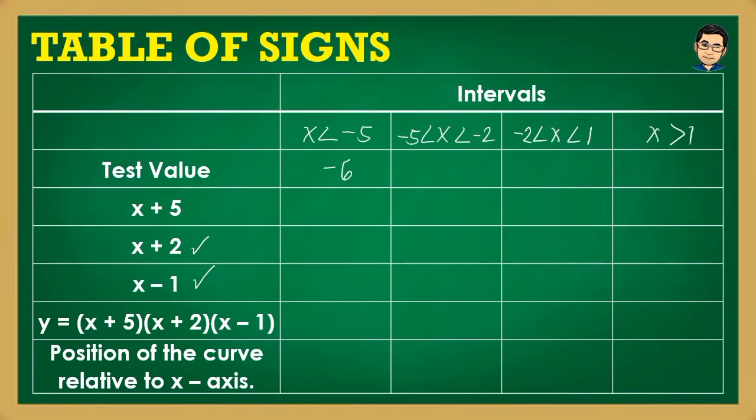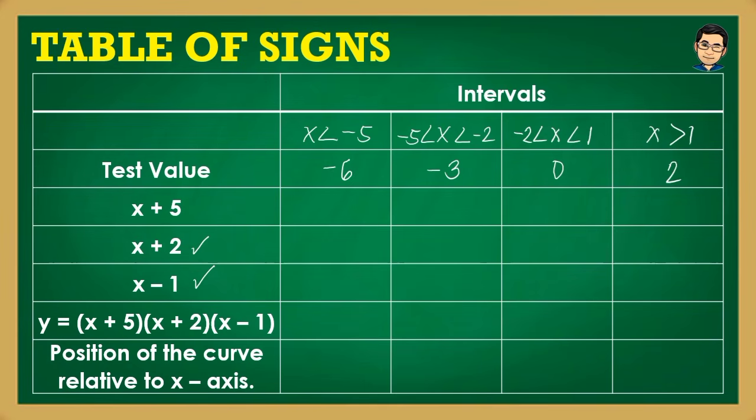And then, yung mga values of x na nakapagitan between negative 5 and negative 2. So, let's use negative 3. Ayan. And then, sa pagitan ng negative 2 and 1, pwede natin kunin para mabilis, 0. And then, x is greater than 1, lahat ng mataas sa 1, 2, 3, 4, 5, up to positive infinity. So, kunin natin 2.